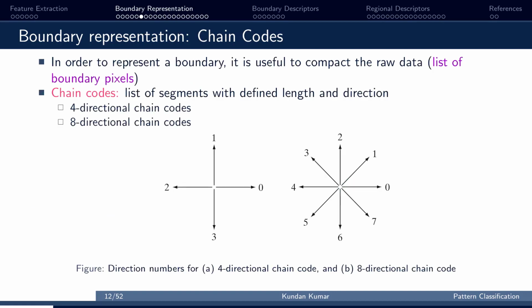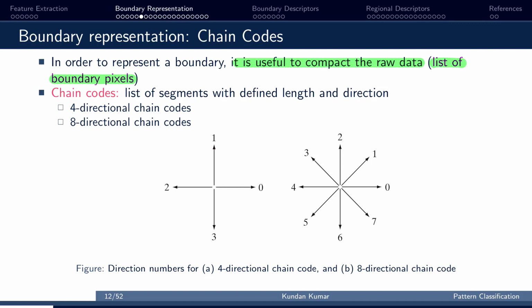So another boundary representation approach is the chain code. We can represent the boundary using the chain code. In order to represent a boundary, it is useful to compact the raw data, that means the list of boundary pixels.